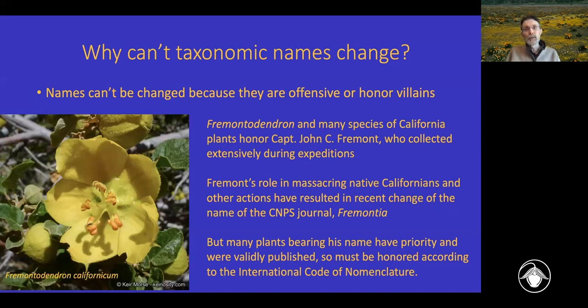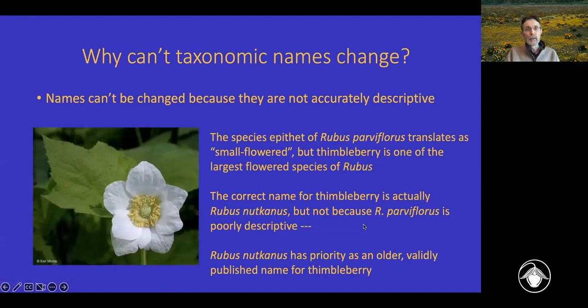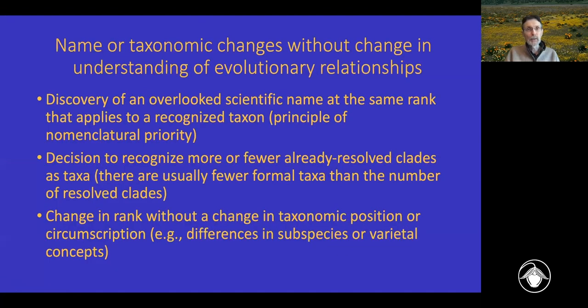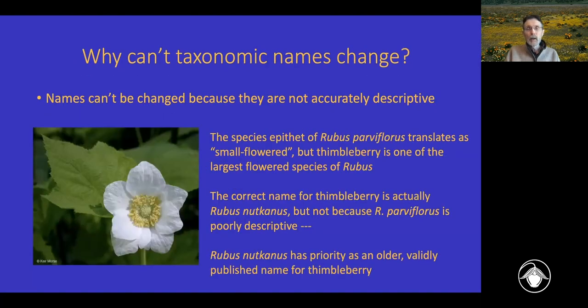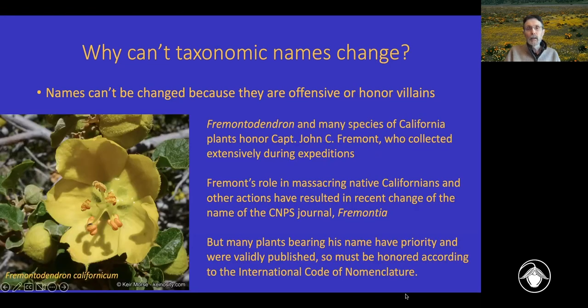So this has resulted in a recent change, for example, the name of the California Native Plant Society journal from Fremontia to Artemisia, which doesn't have such negative associations. But many plants bearing his name have priority and were validly published, so they have to be honored according to the International Code of Nomenclature, unless the rules change in a way that provides a justification for such changes.